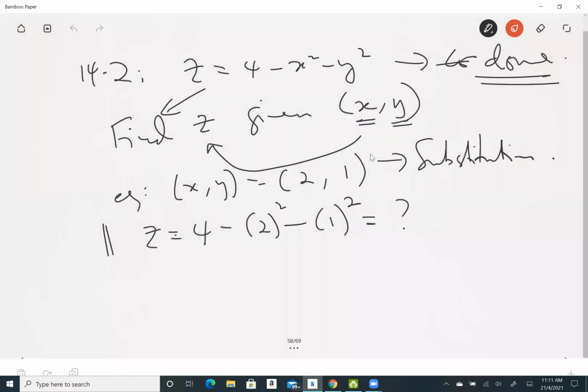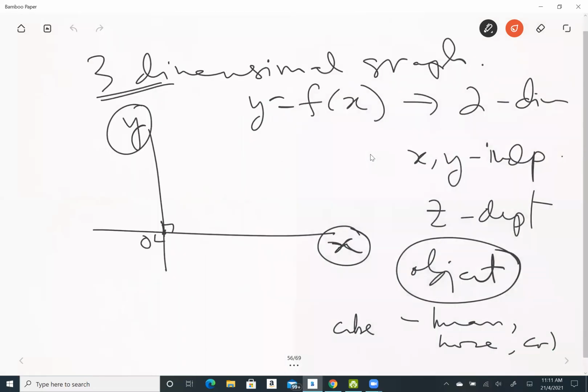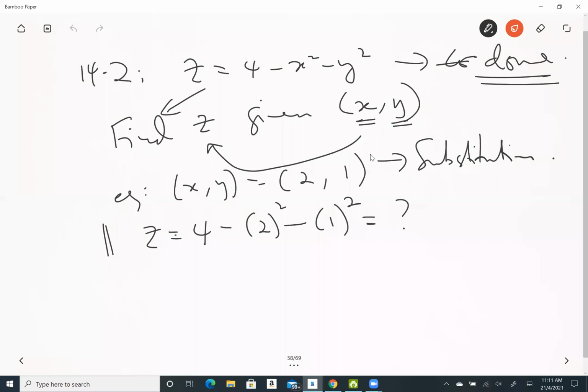Go back to the first question: 4 minus x squared minus y squared. I think we did the first partial. That means the partial derivative of z with respect to x and y. I think we already did that.